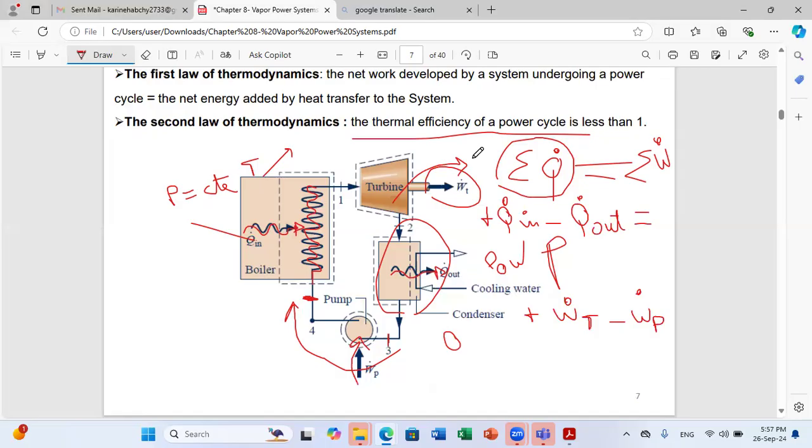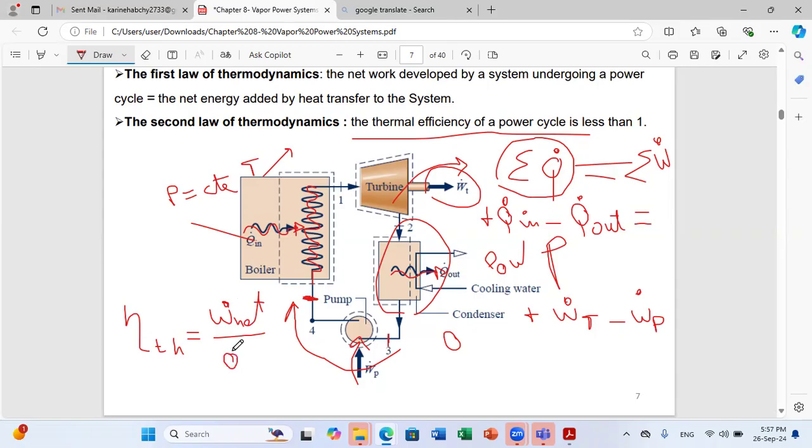So when we talk about the thermal efficiency of this cycle, it is the useful power that is produced, W dot net, over the heat input, Q dot in.